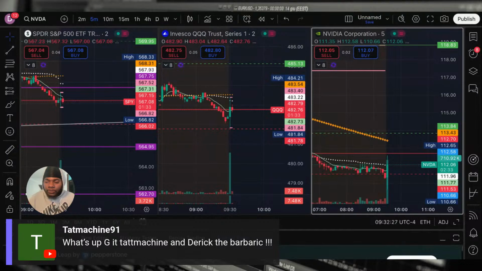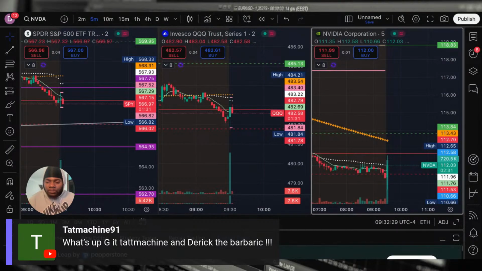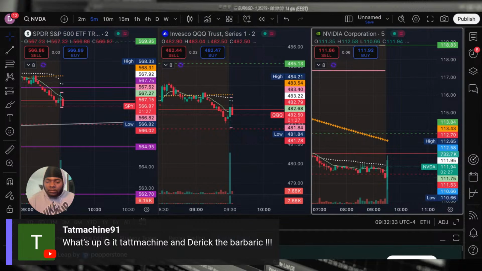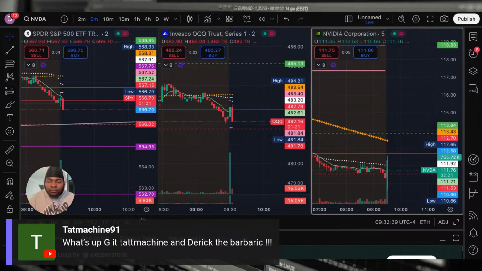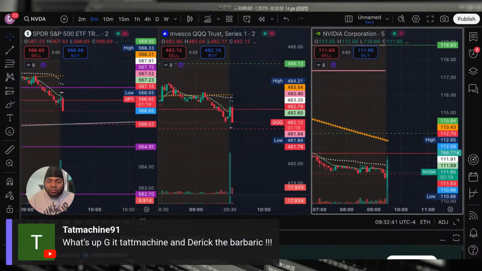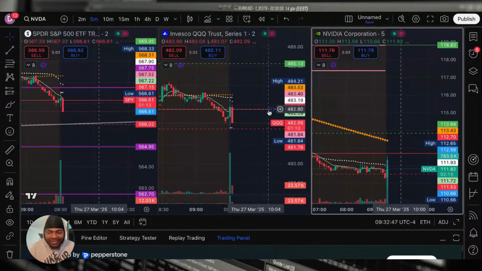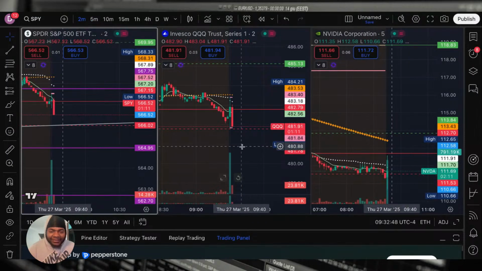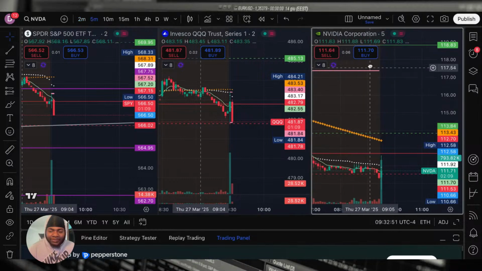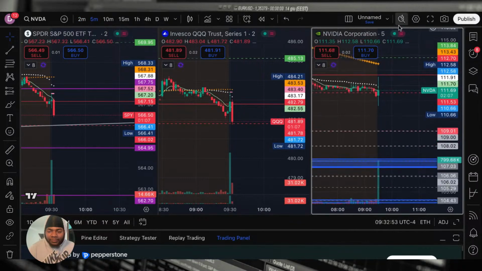What it do? Tap machine and Derek the Barbaric. Ain't never heard that, but all right, though. We got SPY moving toward the downside here.